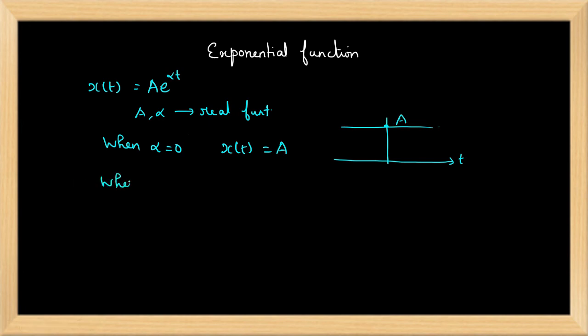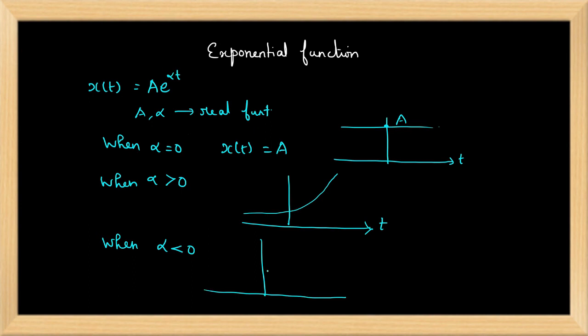Now when α is greater than 0, we get an exponentially increasing signal. When α is less than 0, we get an exponentially decaying signal.